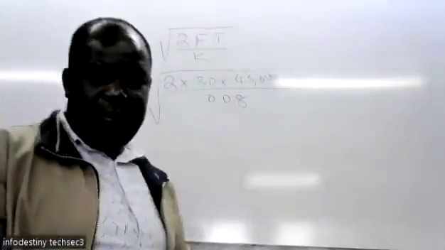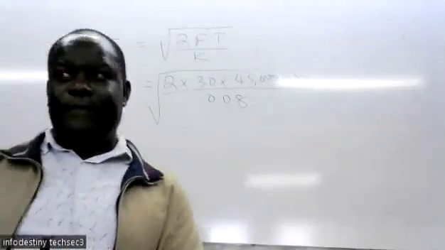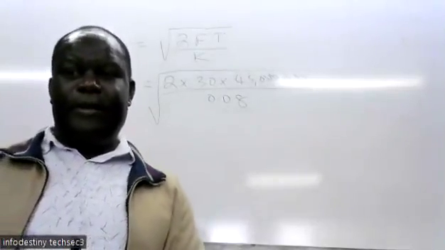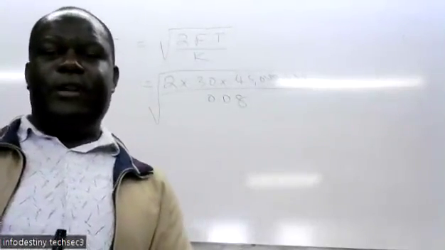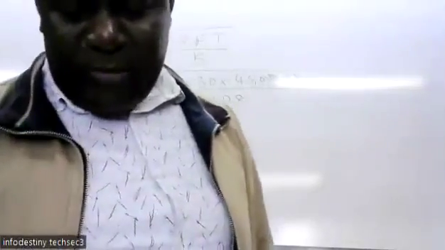It is 183,712. So that should be our Roman letter 1. That is how to get the optimal cash balance.